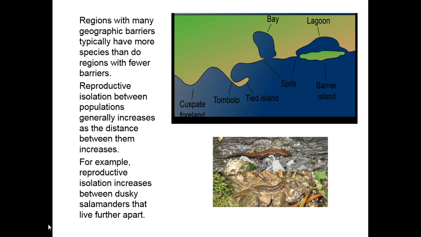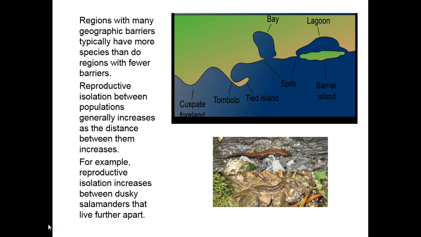You have a lagoon, you have a bay, you have a tide island, so an island that has a land mass all the way back to the major land mass. You have this barrier island. You have an isthmus, a small area where there's land. All of these can lead to little geographic isolation of populations.